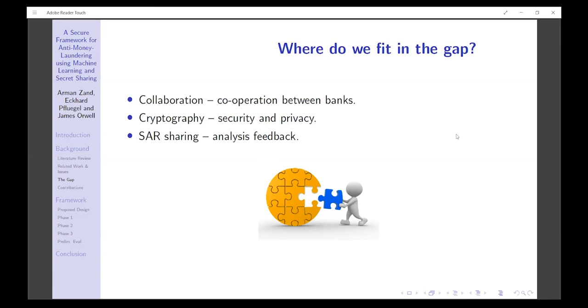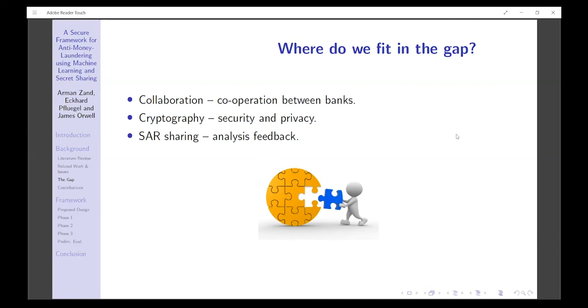And one way of getting this collaboration is to use cryptography in a way that gives information some security and privacy. So that's one of our main focuses, the use of cryptography in our scheme. And consequently, we want to give back results on whether some transactions are suspicious or not.